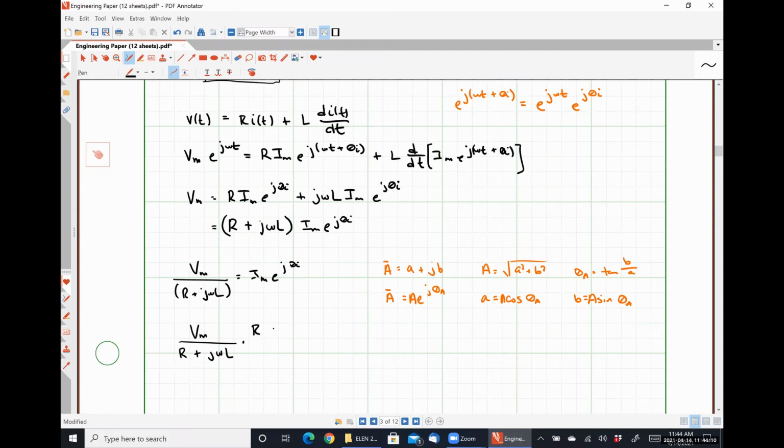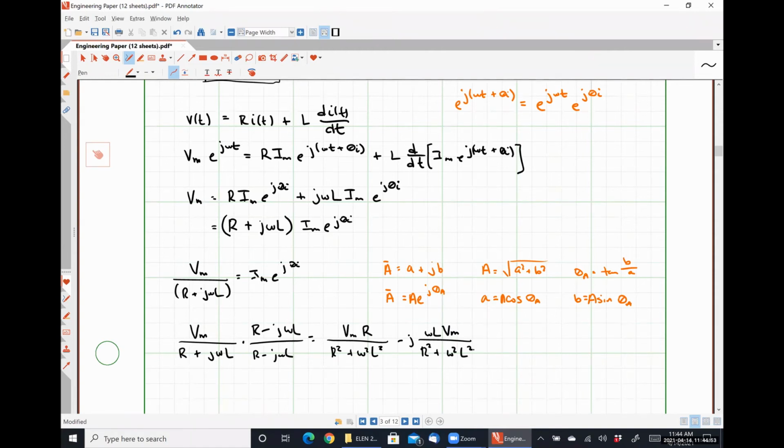So we'll have R minus j omega L over R minus j omega L. That is going to look like Vm times R divided by R squared plus omega squared L squared, minus j omega L Vm over R squared plus omega squared L squared.